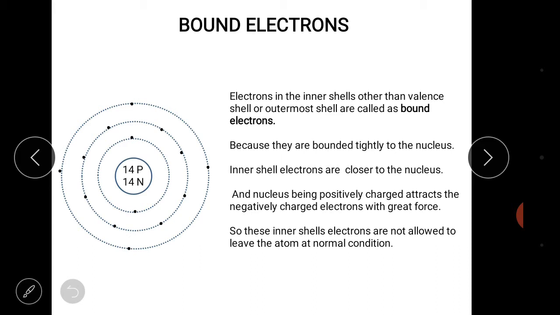Because they are bound tightly to the nucleus, inner shell electrons are closer to the nucleus, and the nucleus, being positively charged, attracts the negatively charged electrons with great force. So these inner shell electrons are not allowed to leave the atom under normal conditions, or we can say these inner electrons cannot take part in any chemical reaction because they are tightly bound to the nucleus.